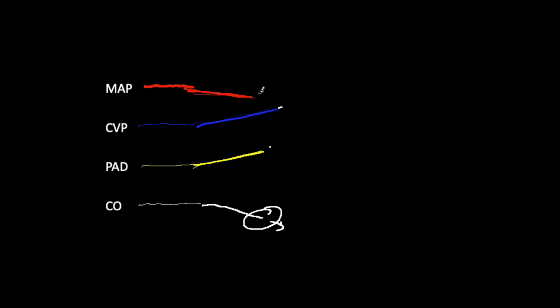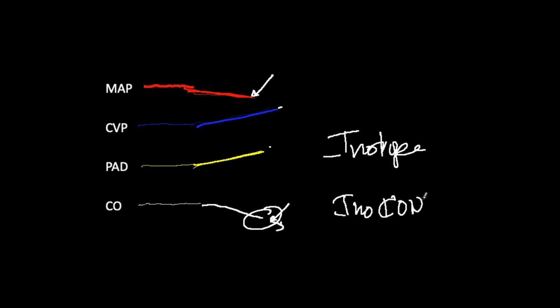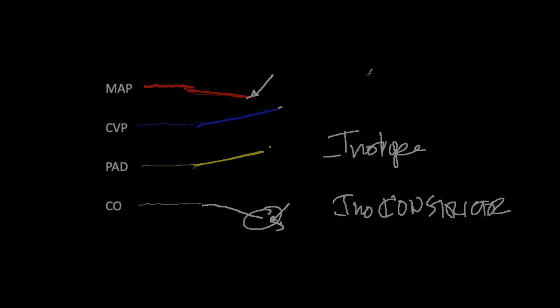And assuming that you're treating a problem, that the cardiac output and the blood pressure that you have are problematic, then this would be a situation where an inotrope, specifically a constrictor, given the low blood pressure, would be an appropriate choice.